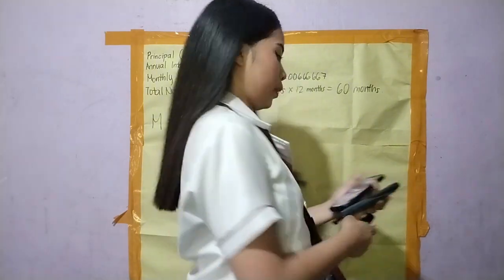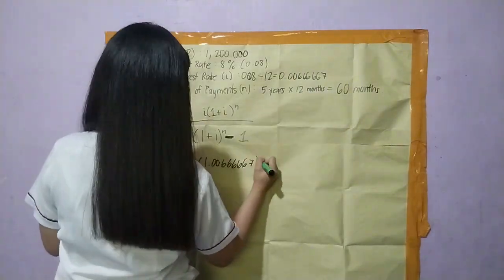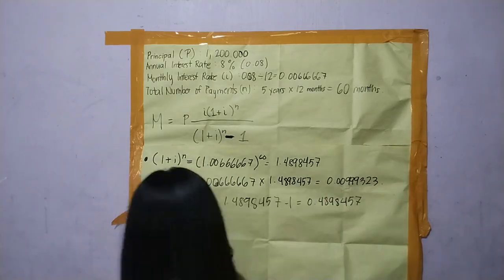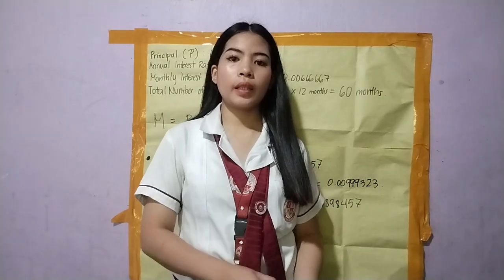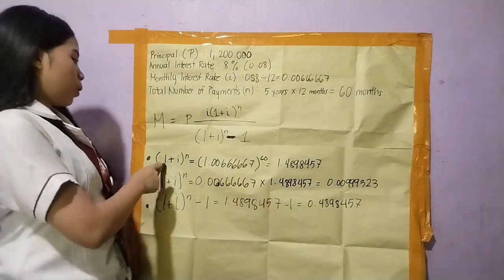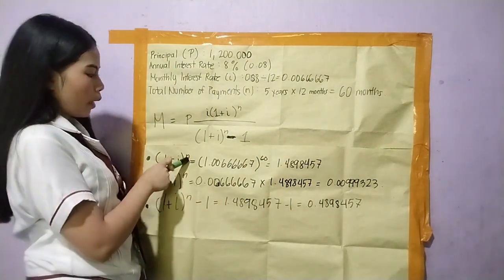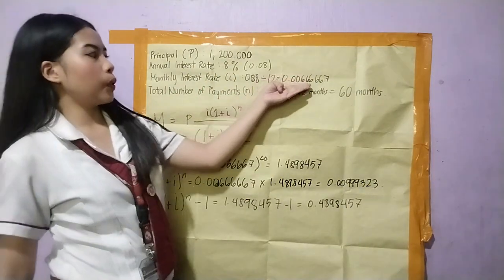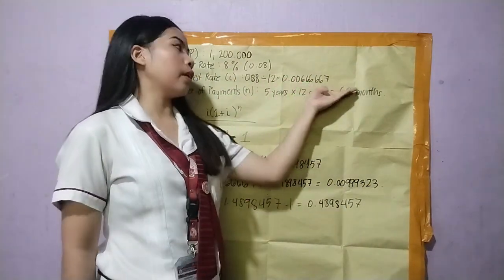To solve this, first we're going to calculate the growth factor, 1 plus i to the N. Our monthly interest rate is 0.0066667.